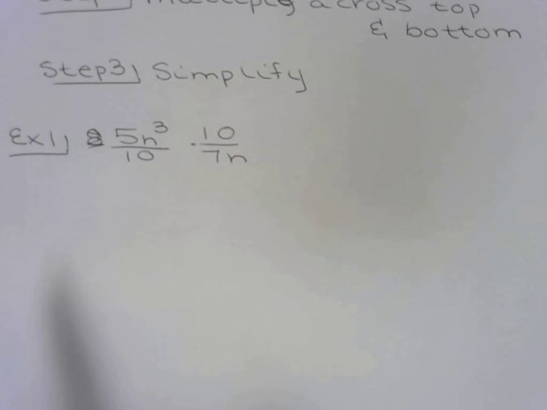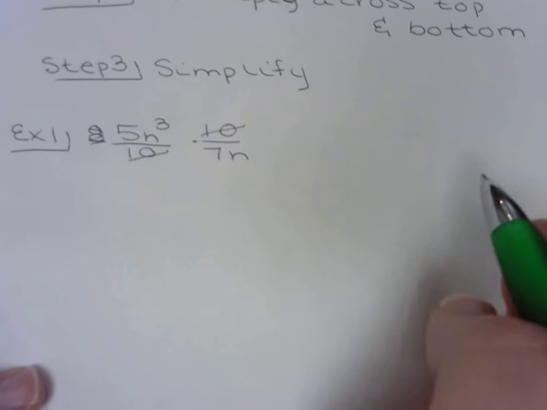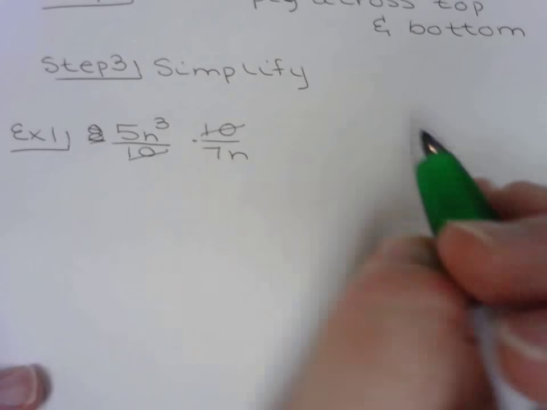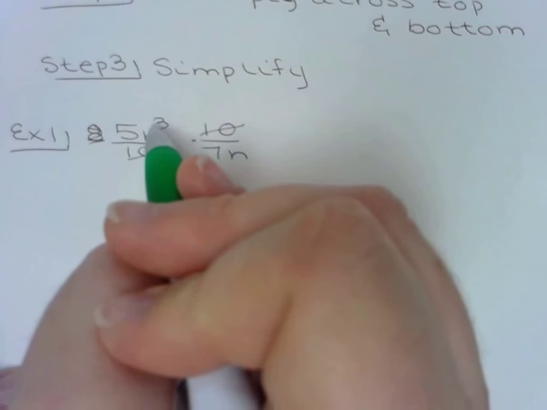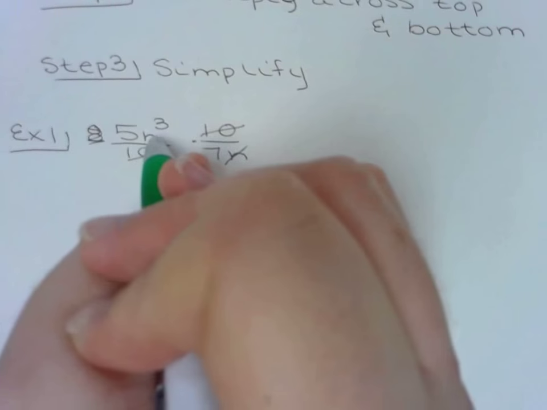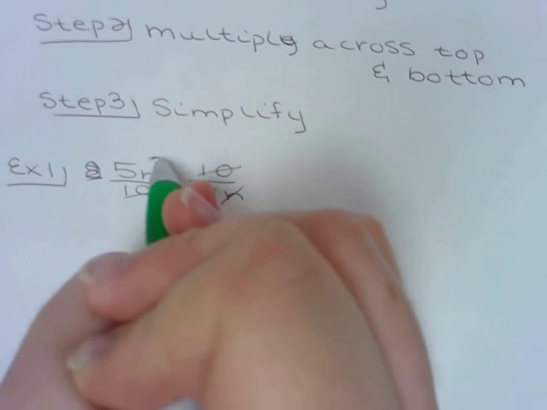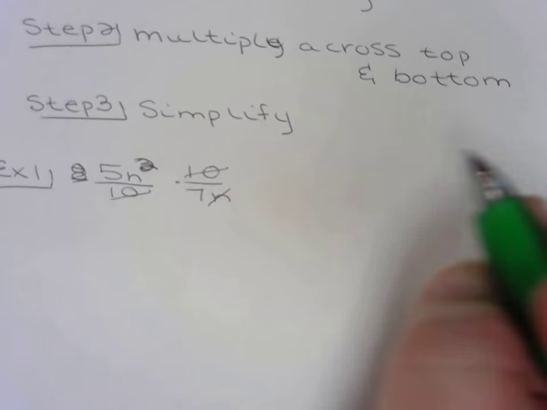So what I like doing first is cross-reducing. It doesn't matter which fraction. If it's on the top and bottom, you can cross-reduce. So what things can I cross-reduce? Tens cancel out. I have n cubed and I have an n. N is gone. This n cubed becomes n squared. And that's what I mean by cross-reduce.